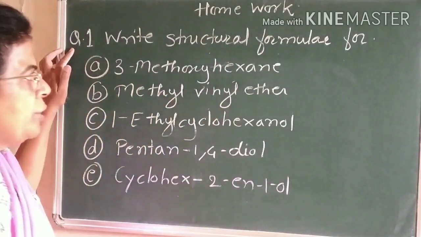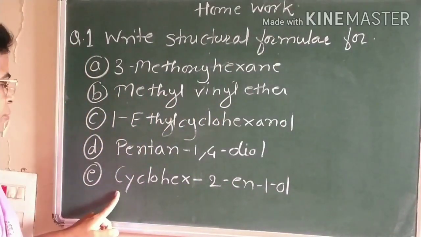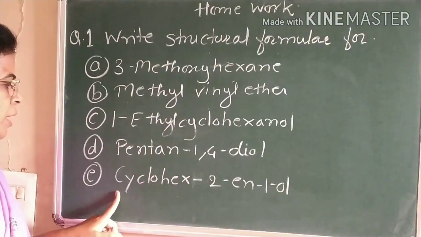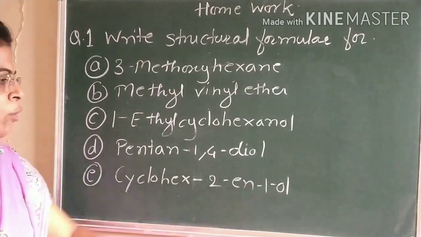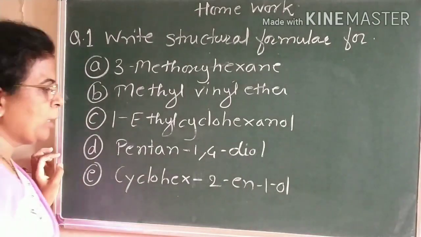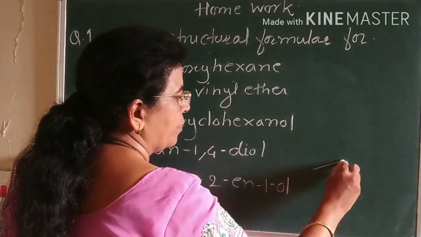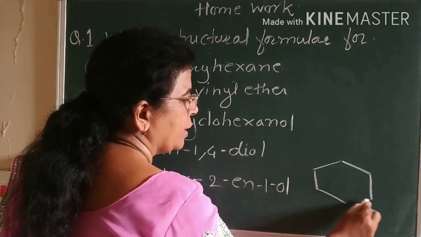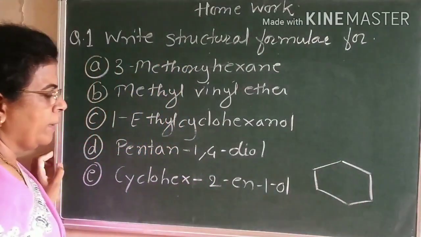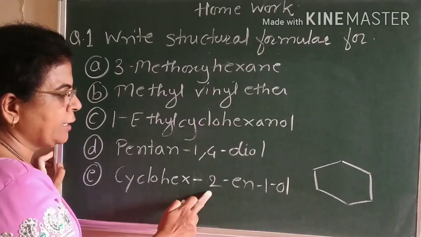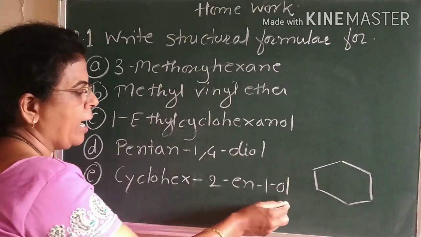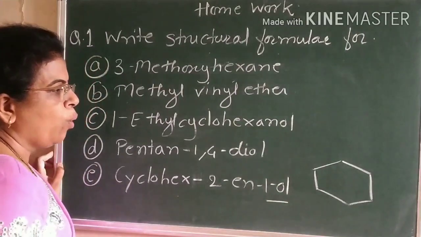Now question number one. We'll start from this, cyclohex-2-en-1-ol. Now cyclohexane. This is cyclohexane. At 2 position there is an ene, that is a double bond, and at 1 position there is OH.